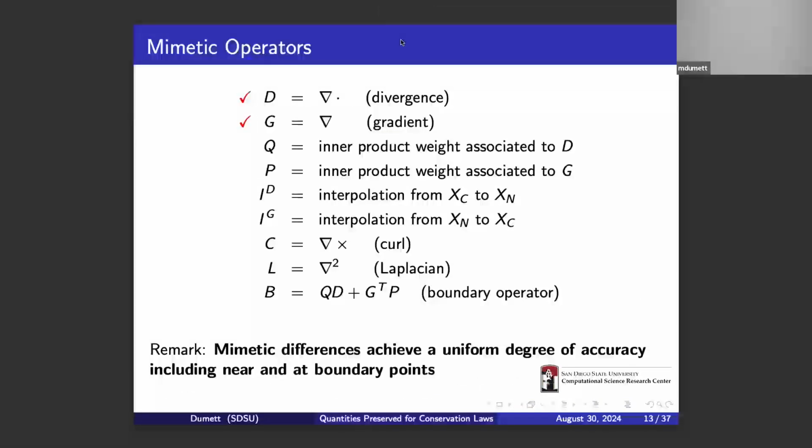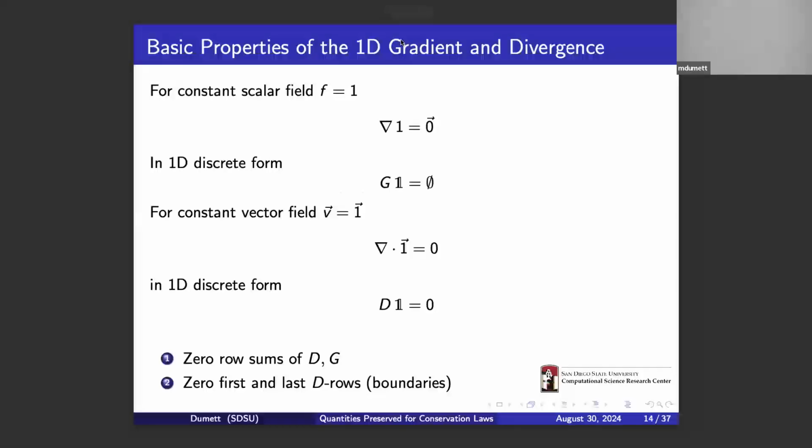I mentioned these mimetic operators. These two are checked. We need that the gradient of a constant is the vector 0, so in the discrete version, the gradient of a constant, a vector of 1s, should be 0.